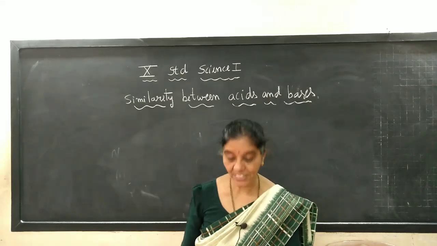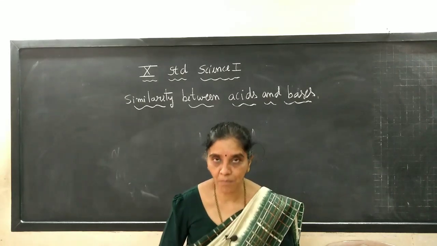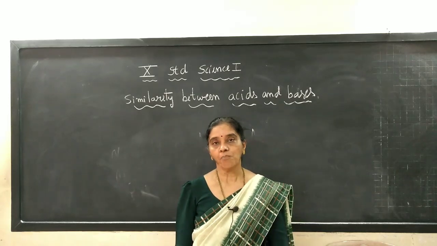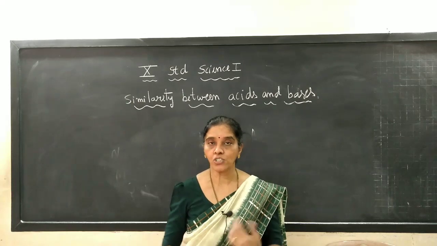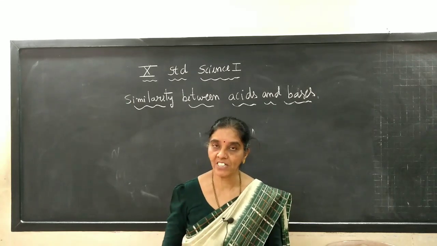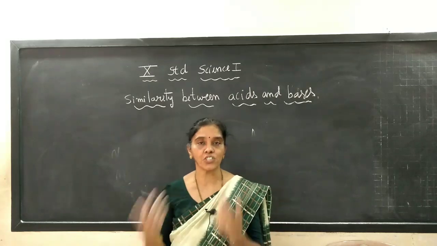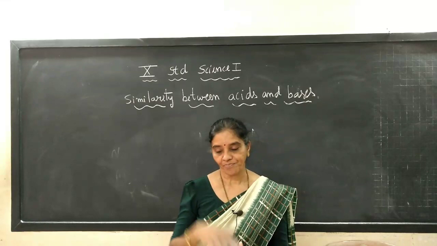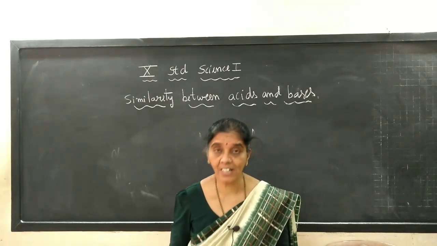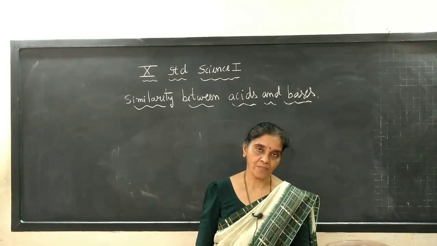So what did we study today, children? One main similarity between acids and bases is that both conduct electricity when taken in solution form in water, because acid dissociates in water into hydrogen ions and base produces hydroxide ions.